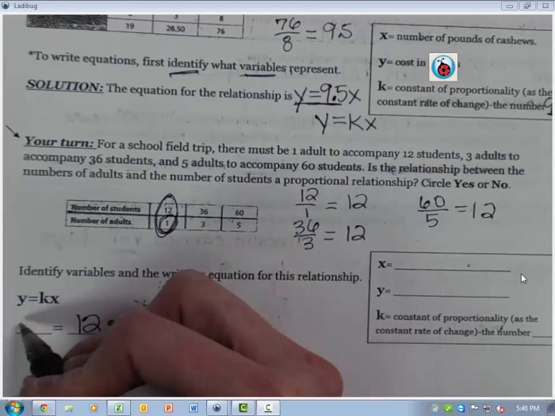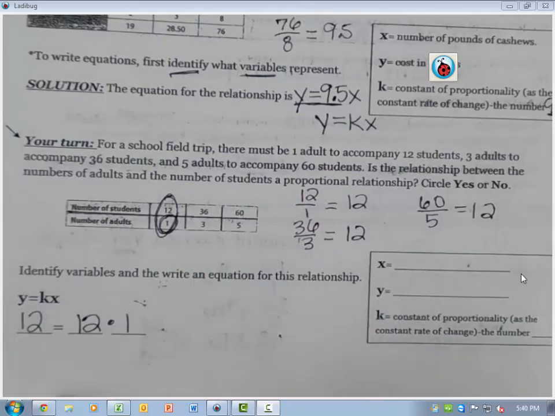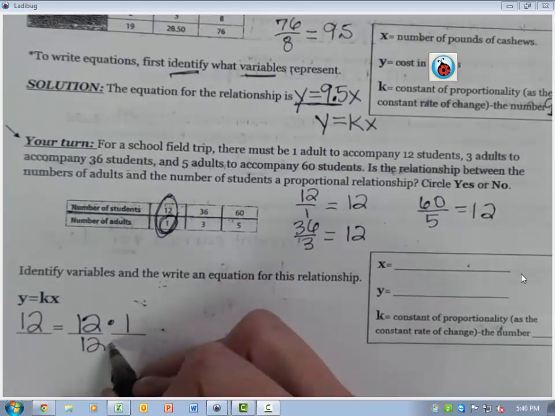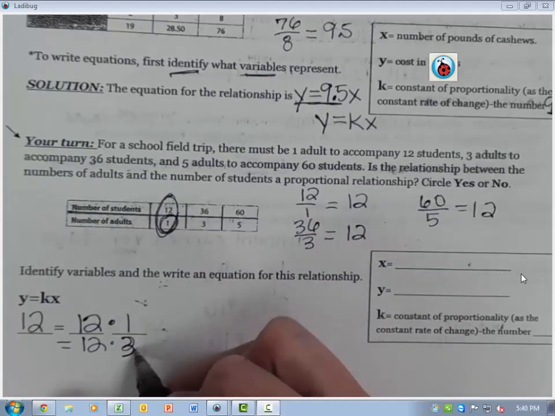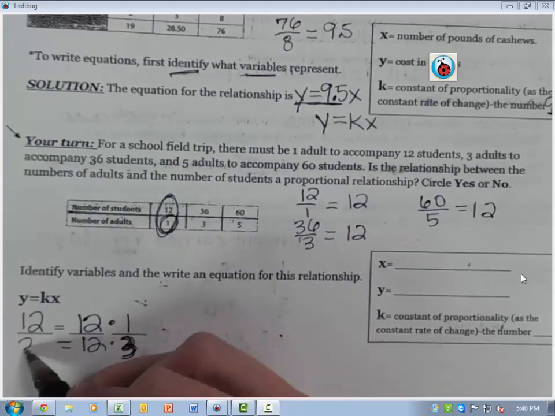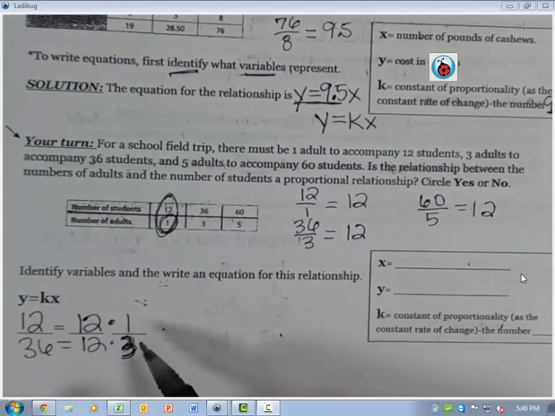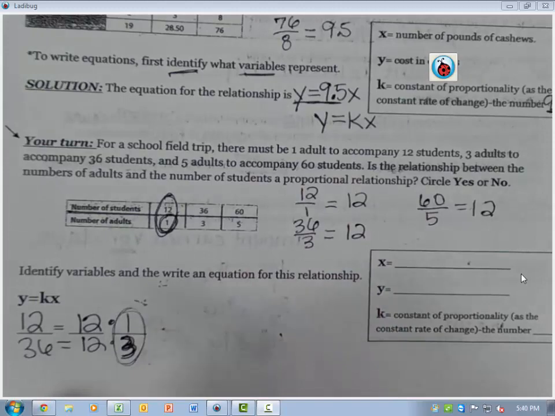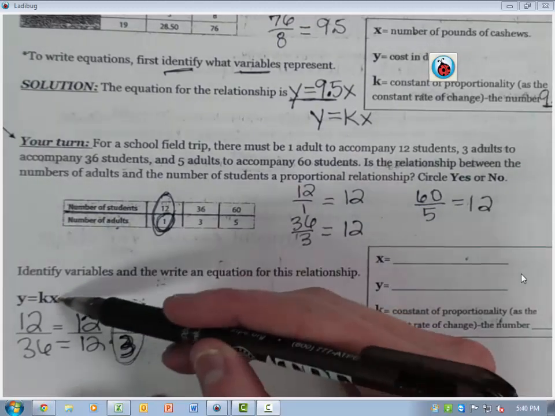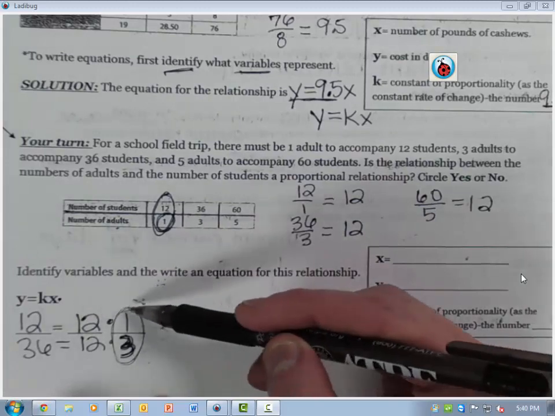Correct? And then if we did 12 times 2, it would equal 24. 12 times 3 would equal 36. So notice how I'm replacing, where are 1 and 3 here? Good, it's with adults. So we know adults would represent the x, because I replaced it with 1 and 3 to equal these numbers.